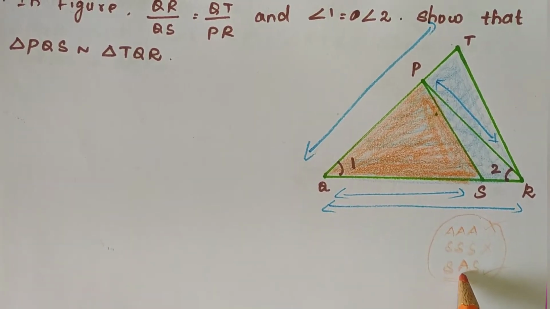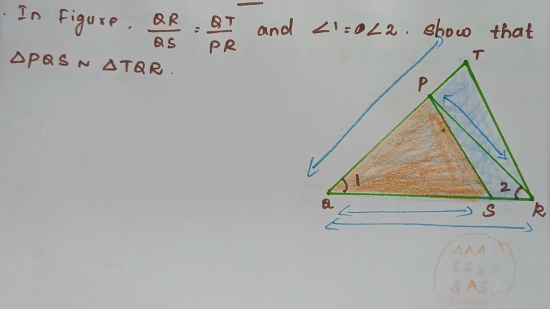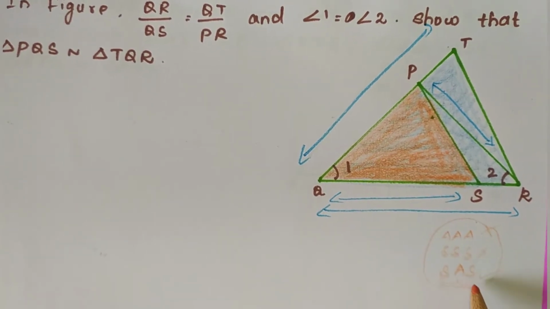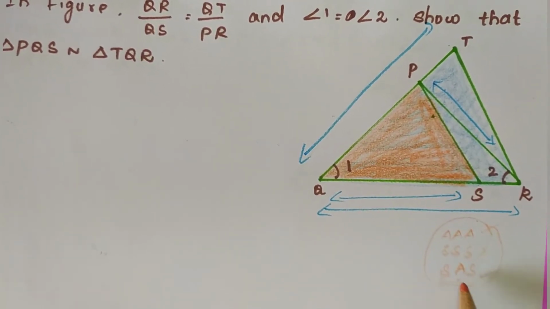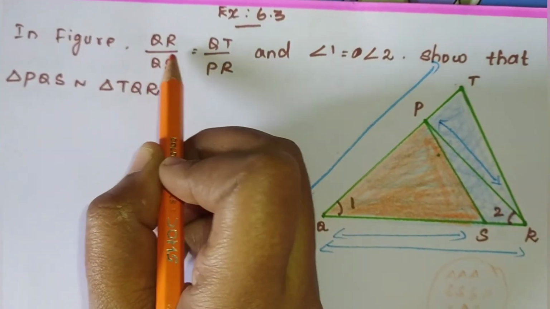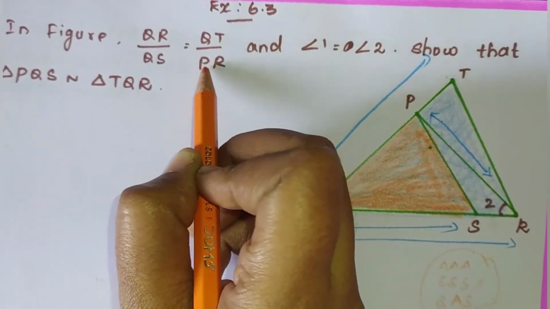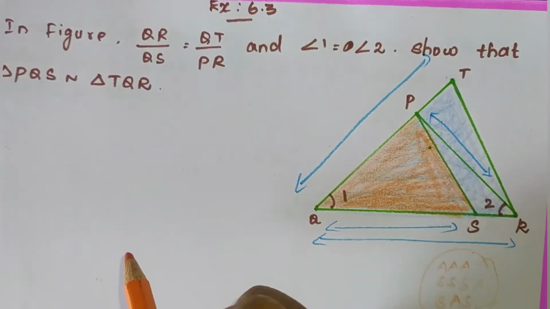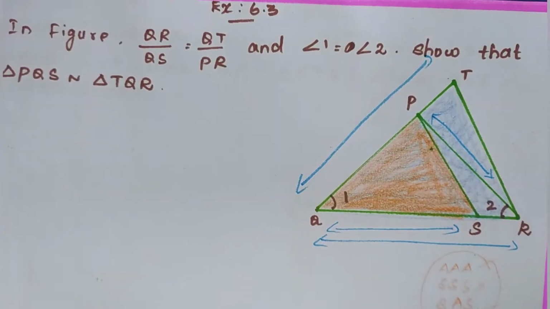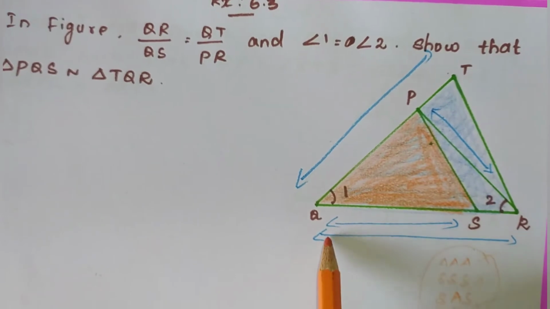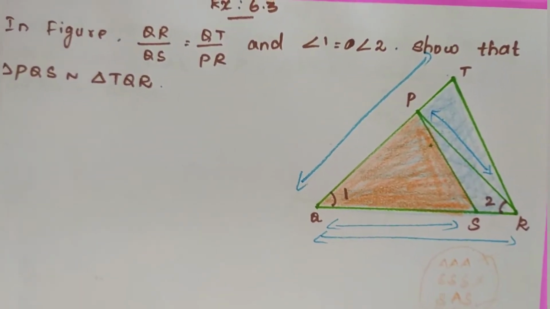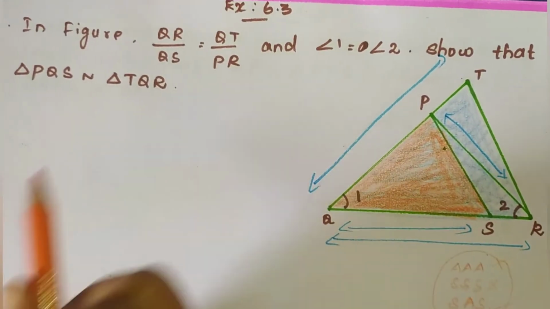One angle we know: angle 1 is equal to angle 2. We have to prove that the sides are in the same ratio. They have given another thing, QR divided by QS is equal to QT divided by PR. So from this only, if we prove that the sides of these two triangles are in the same ratio, then we can conclude that the two triangles are similar.